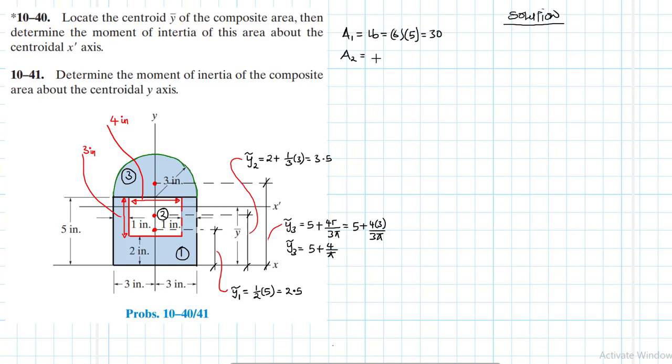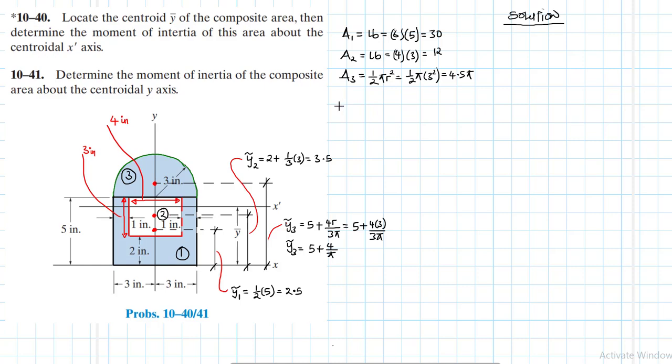Area 2 is L times B, which is just equal to 4 times 3, and this is equal to 12. And area 3 is equal to half of a circle, which is half pi r squared, which is half times pi times 3 squared, and 3 squared is 9, half of 9 is 4.5 pi.